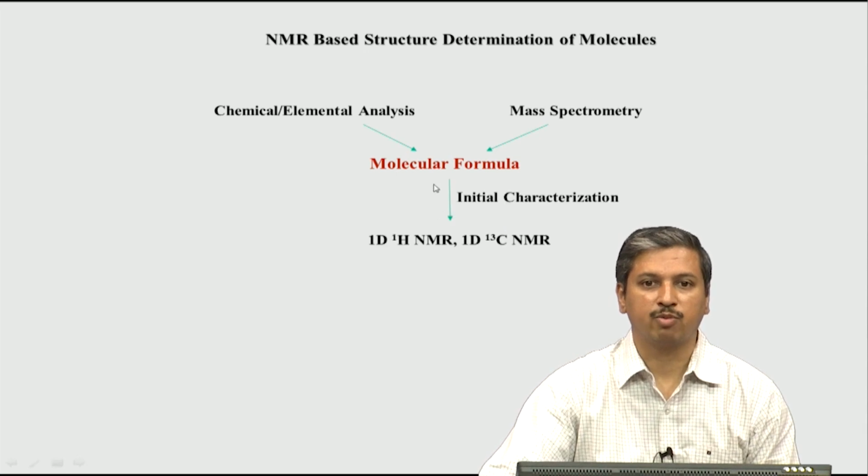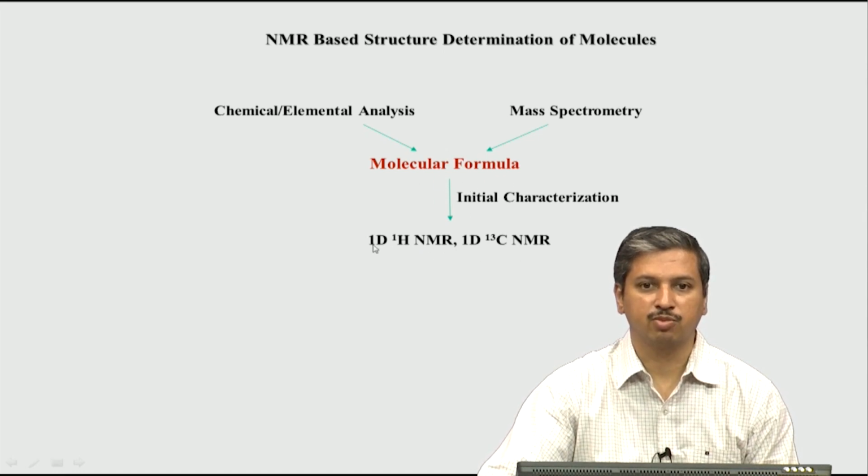Now, given a molecular formula, as in the examples we have seen, we can first initially characterize the molecule by simple 1D carbon and proton NMR. At this step all you are doing is recording the spectrum and identifying the peaks, how many peaks there are, and whether they are commensurate, that is, equivalent to what you expect based on the formula, and so on. So, this step is not going to give you detailed structural information and is only meant for initial characterization.